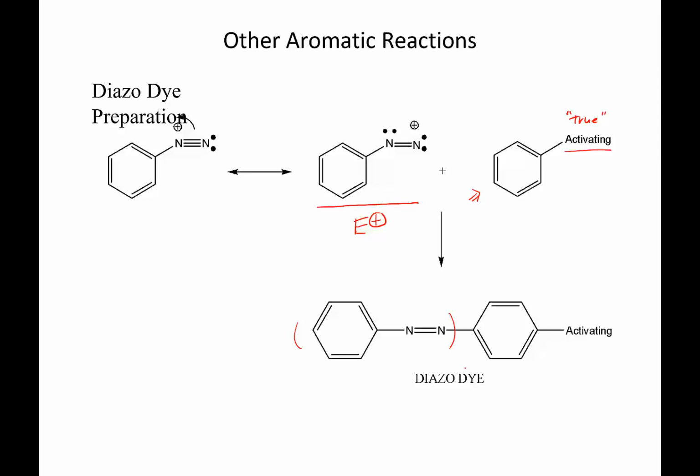So he made a diazo dye that was purple, not quinine, which somebody else then was able to make. You've used these diazo dyes. If you've done general chemistry lab, you've used these.